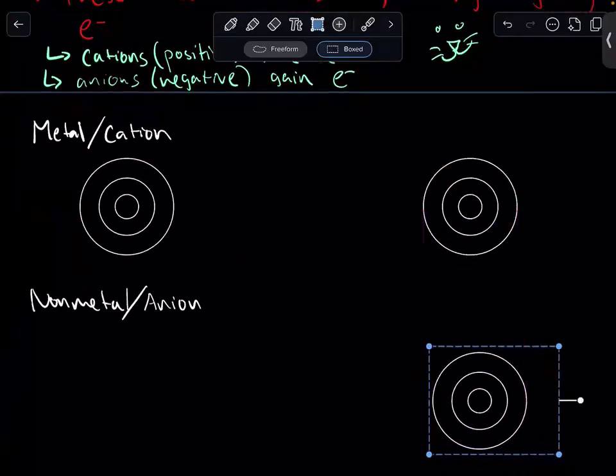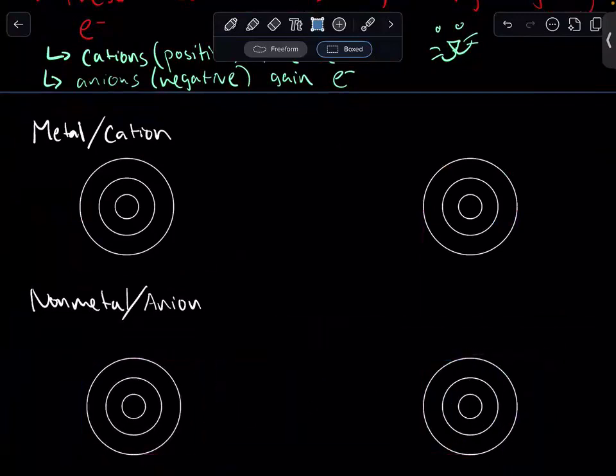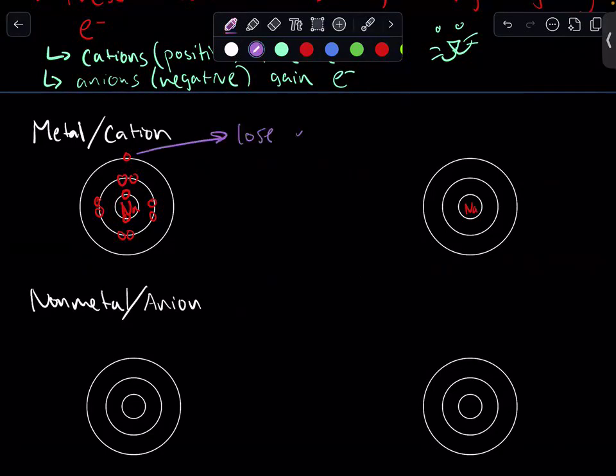For my metal, let's pick sodium, which will become sodium plus, and we'll see why in just a moment. So sodium has 1, 2, 3, 4, 5, 6, 7, 8, 9, 10, 11 electrons. It's number 11. So what it's actually going to do is it's going to lose this electron.